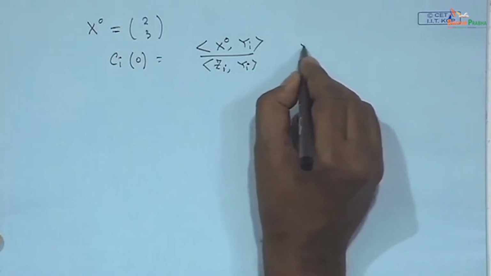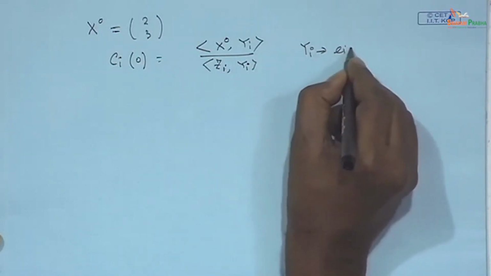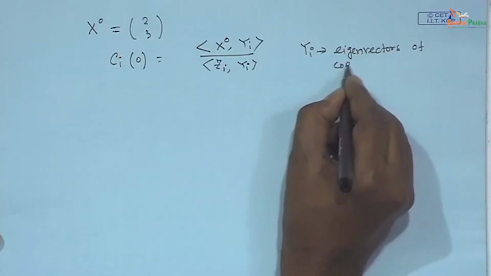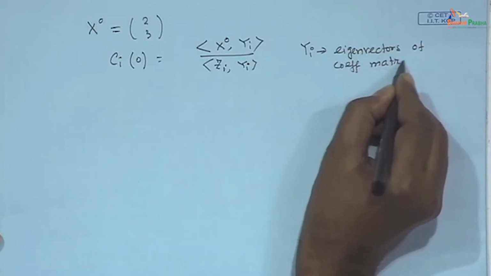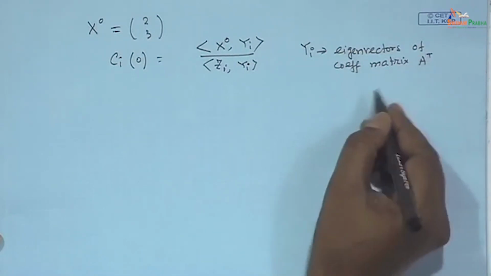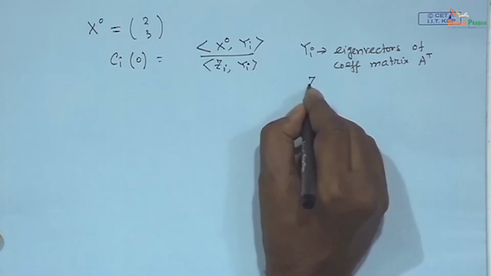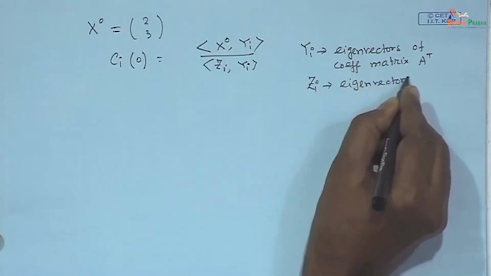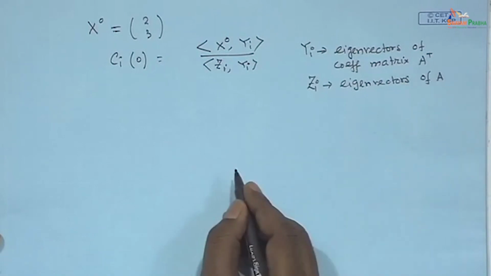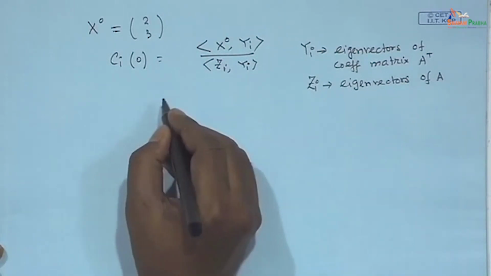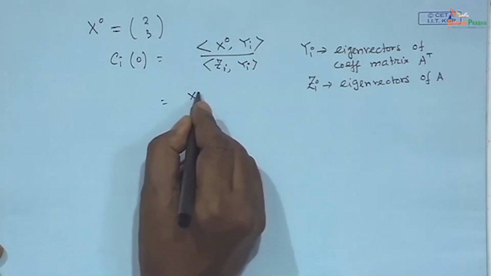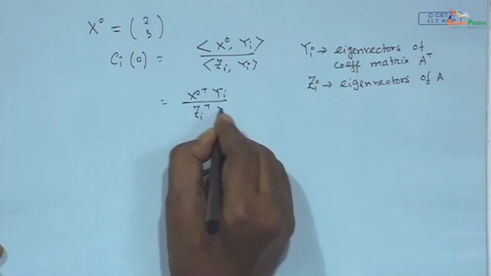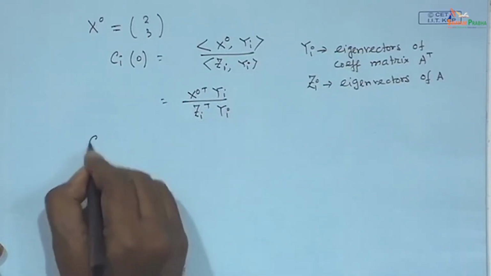If you remember, the y i's are the eigenvectors of the transpose of the coefficient matrix, A transpose, and z i were the eigenvectors of A.